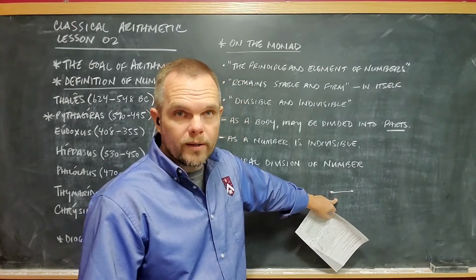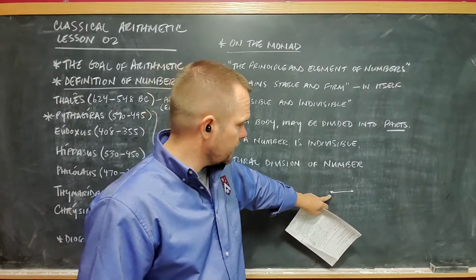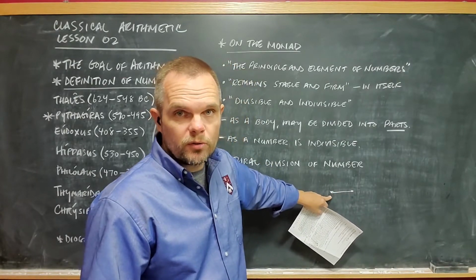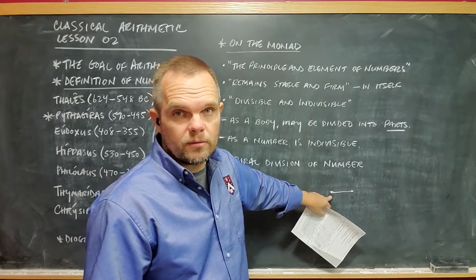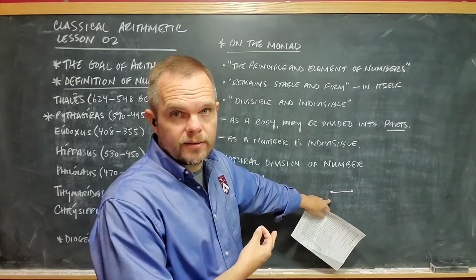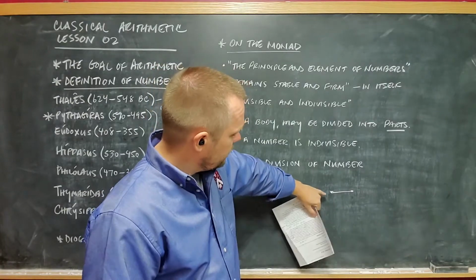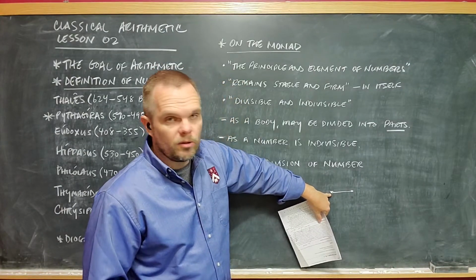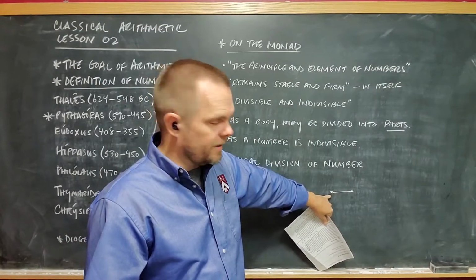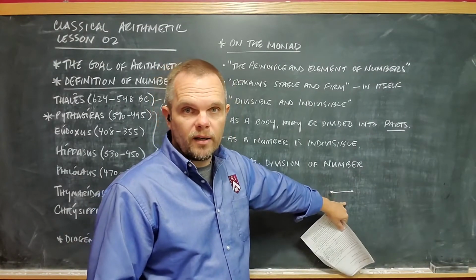We have 1 magnitude, this line. And we have a multitude of 2 points. So we have 1 and 2 present in the same figure. The monad, if you look, is the bound, or the termination, the end point of the line.